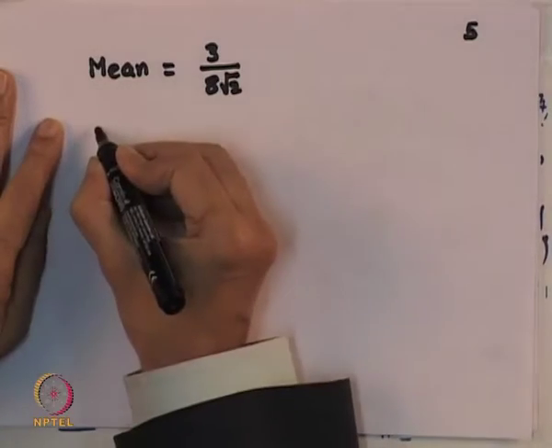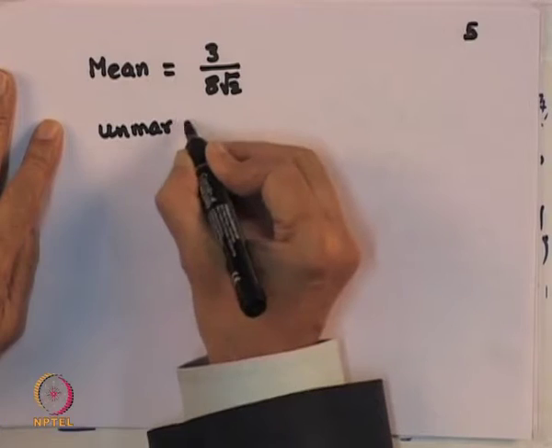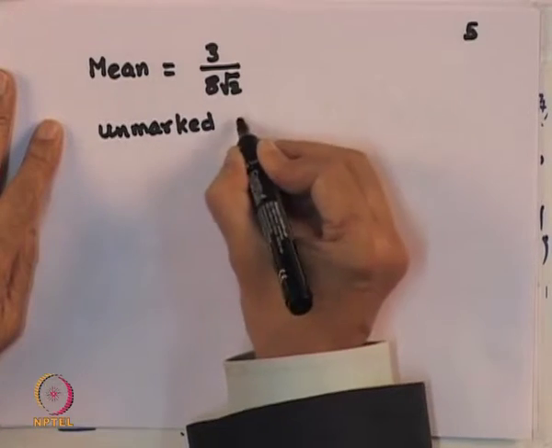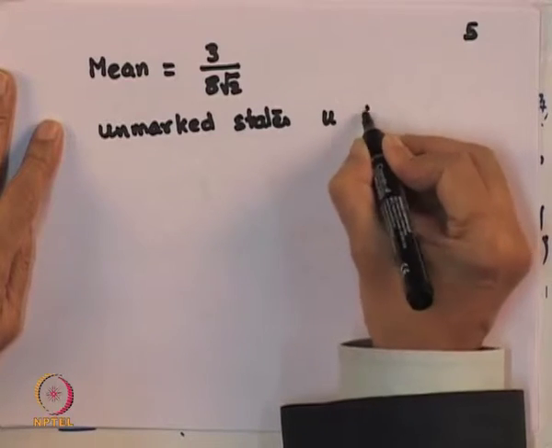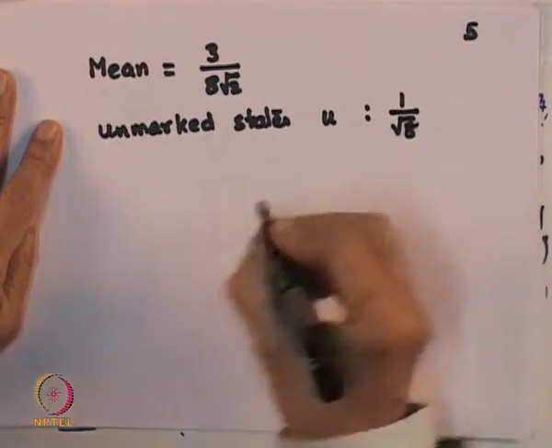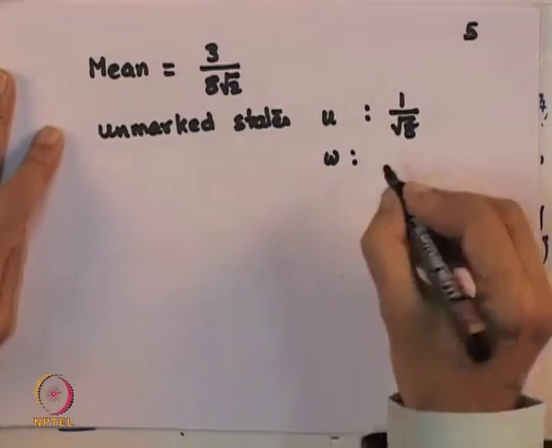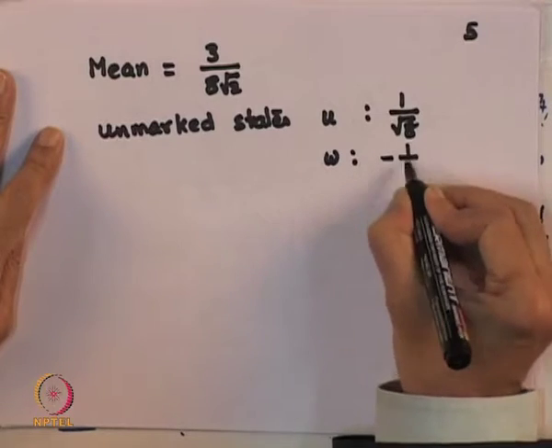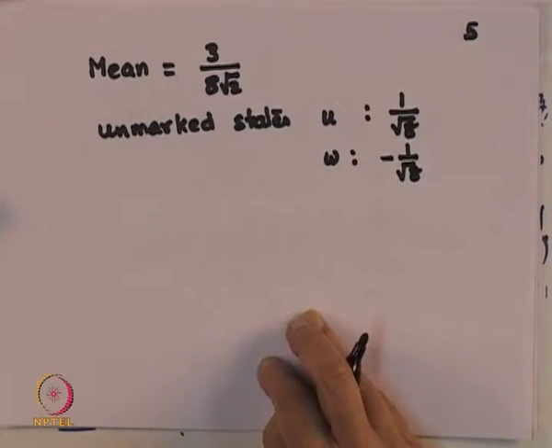The unmarked states, let us call them U, there are 7 of them, and the amplitude is 1 over square root of 8. The marked state, which we have been calling W, has minus 1 over square root of 8, and that's how I got this mean.